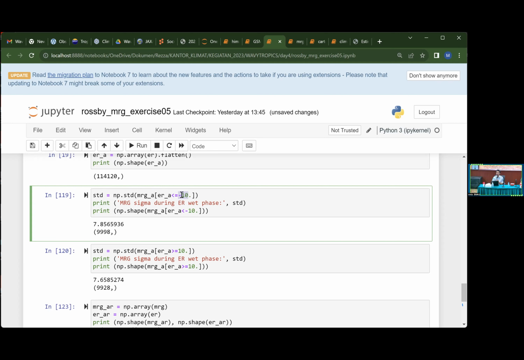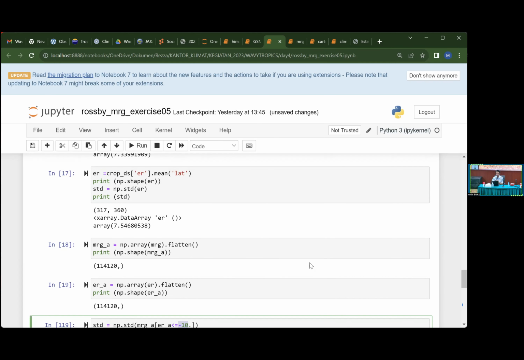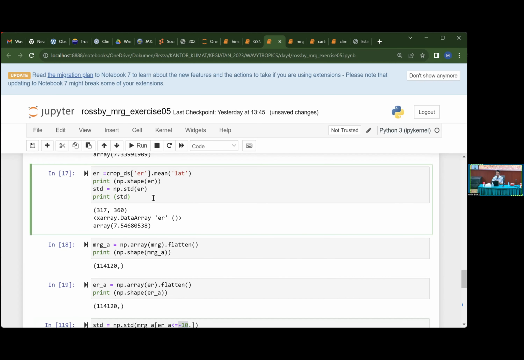How to select this value: in the presentation, it is used like 1 sigma or 2 sigma of the signal. Here in this exercise, I show you this example. The standard deviation of Rossby is about 7, so you can choose 10 as the threshold to divide the active phase and the dry phase.